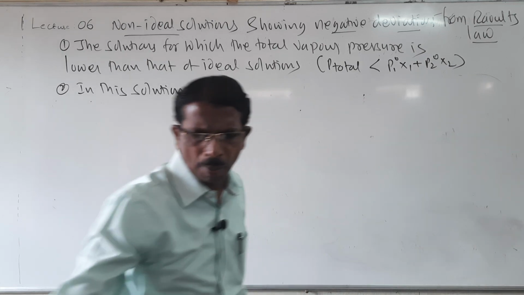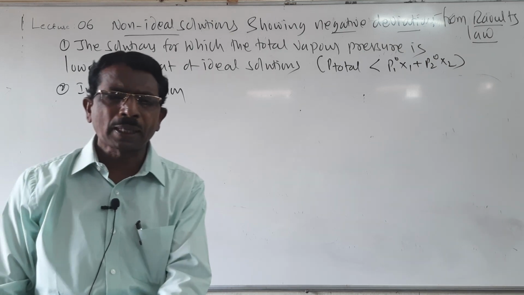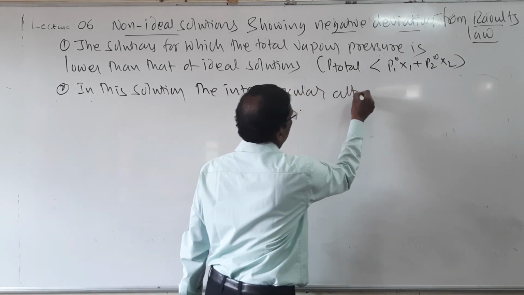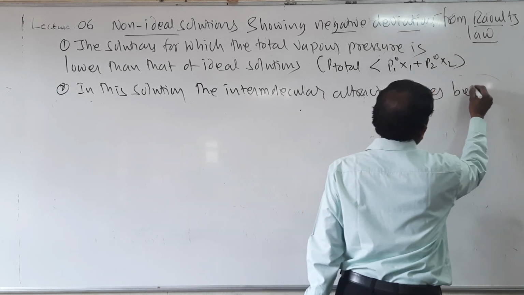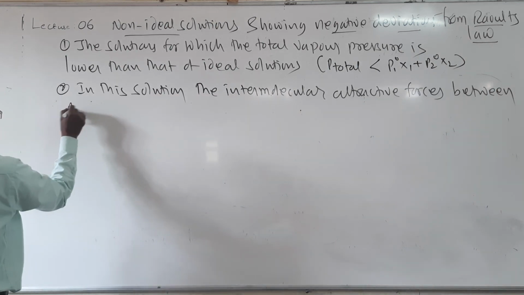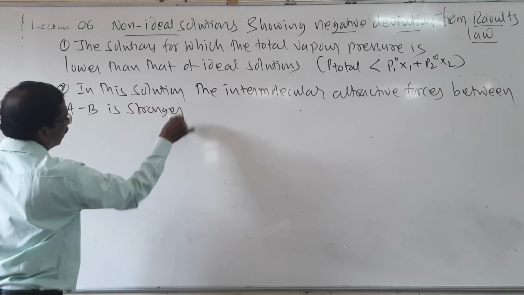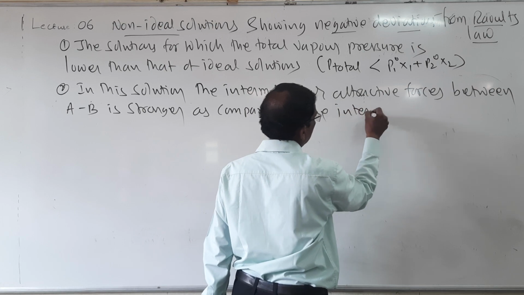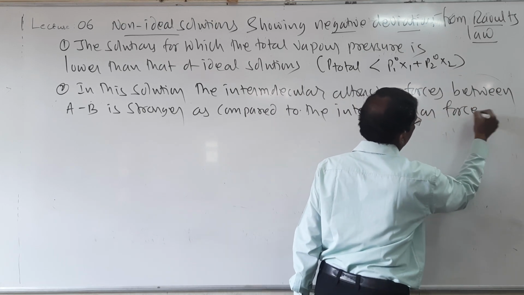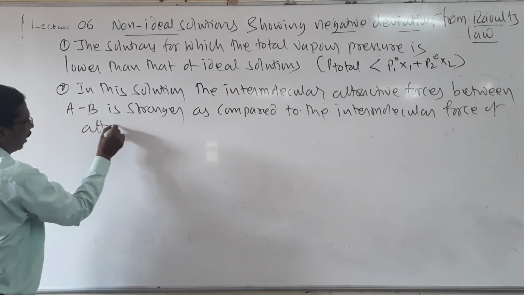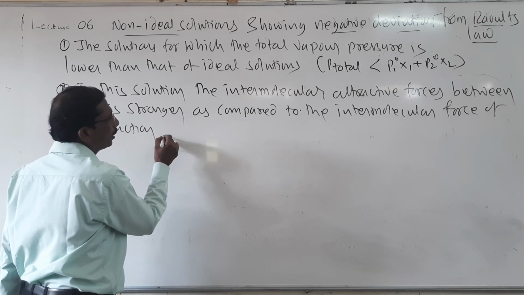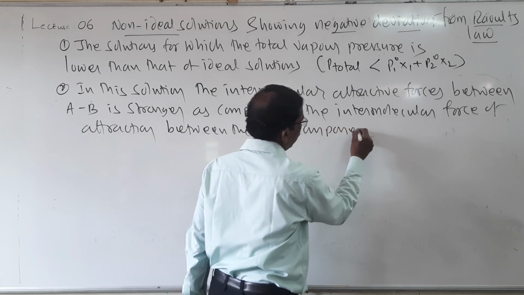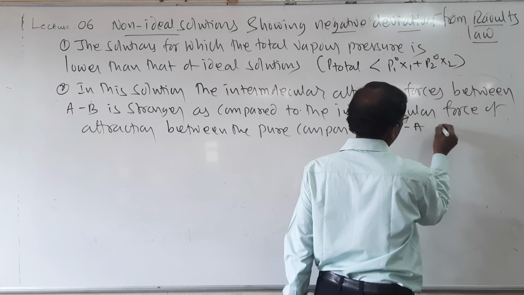Then the next characteristic property in this solution: when both the components are mixed, the intermolecular attractive forces between AB are stronger as compared to the intermolecular force of attraction between the pure components AA or BB.